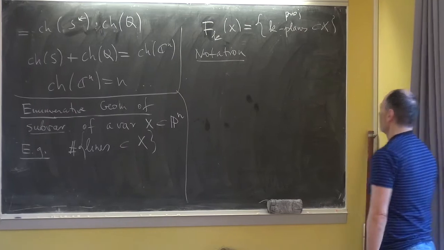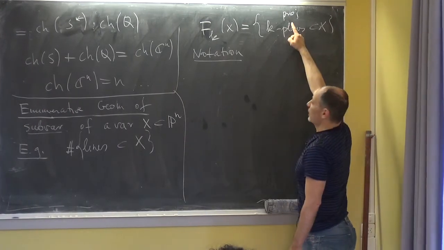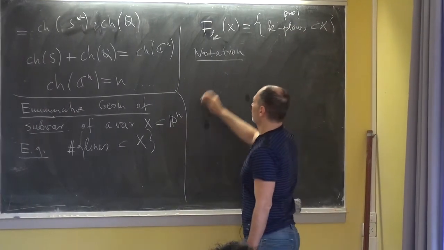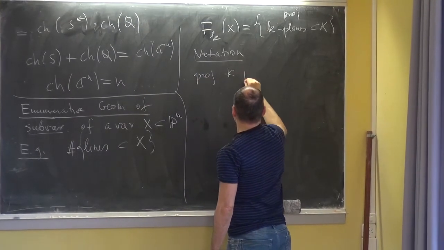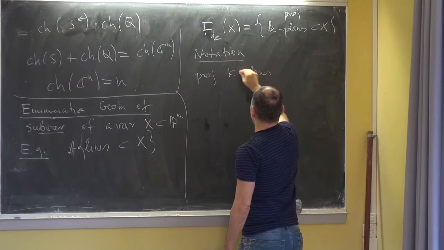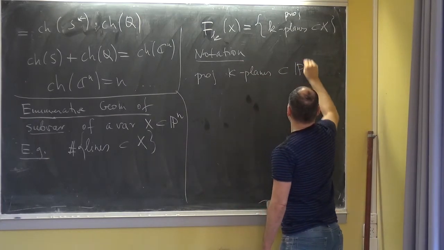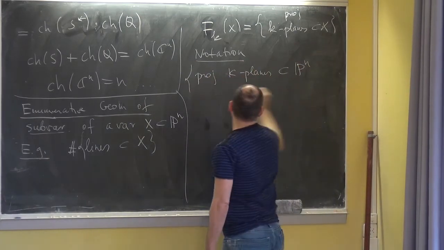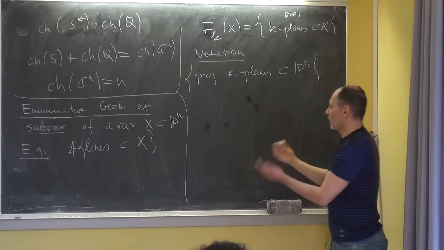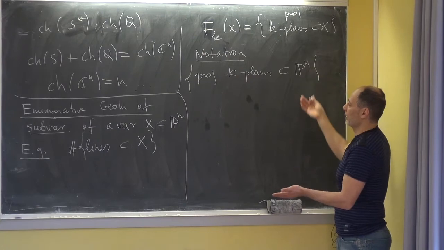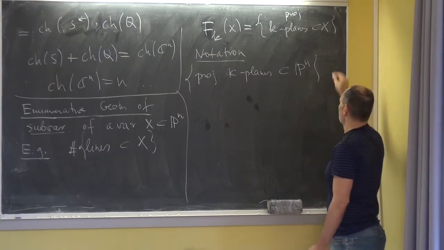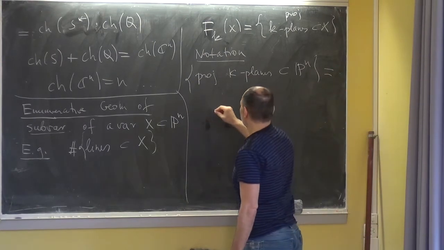So we know that projective k-planes in Pn, so not in X but in Pn, of course correspond to actual linear k-planes in an affine space, but there the dimension is shifted. So this is just the same thing.